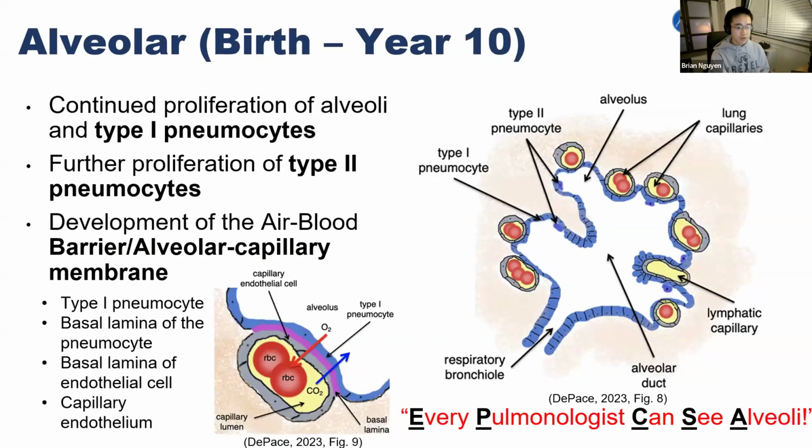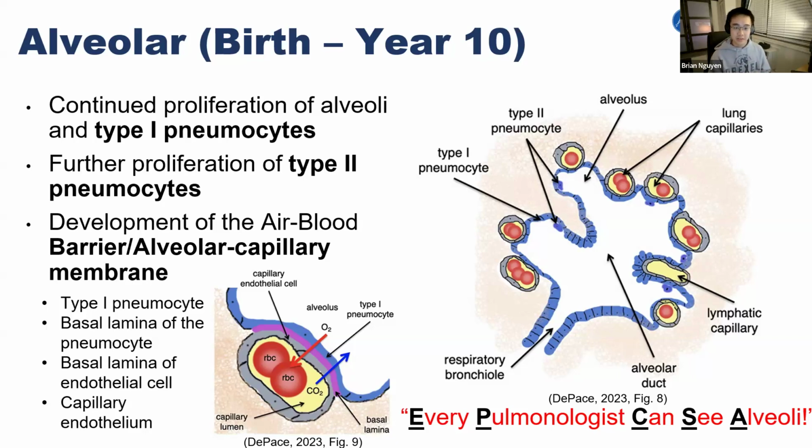All right, now I want to point out that the alveolar stage of development happens from birth to around the 10th year of our life, and this is where we just see a continued proliferation and maturation of our lungs, right?